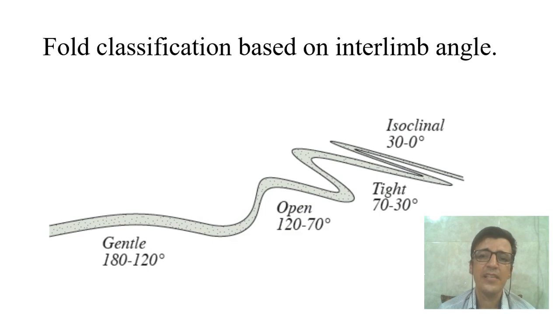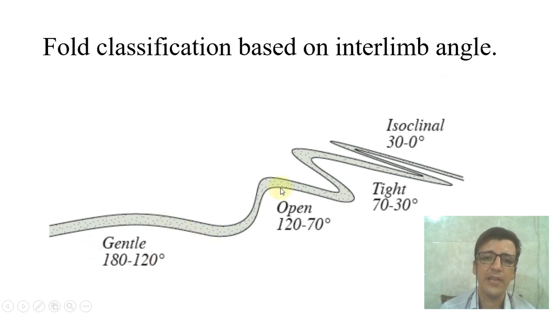The types of folds are very wide. Depending on your view about the hinge zone, depending on your interlimb angle, depending on your position, imaginary position, space position, they have different classifications. So for example, we start from classification based on interlimb angle. What is interlimb angle? You can see the interlimb angle.